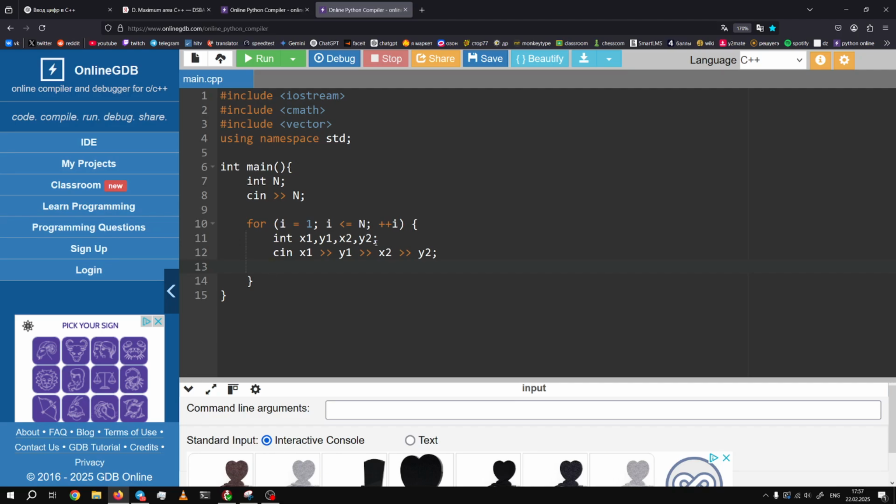So let me create a variable final, and it's equal to x2 minus x1 multiplied by y2 minus y1. So it's the square of our first rectangular and then second rectangular until n.